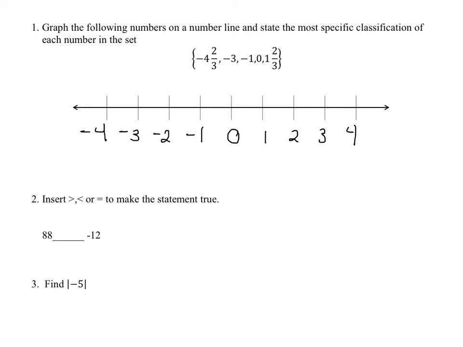Well, -4 2/3, well, that would be -4, almost -5. So right about here, I would say -4 2/3. Now this is considered a rational number because it can be written in fraction form. So this is considered rational.